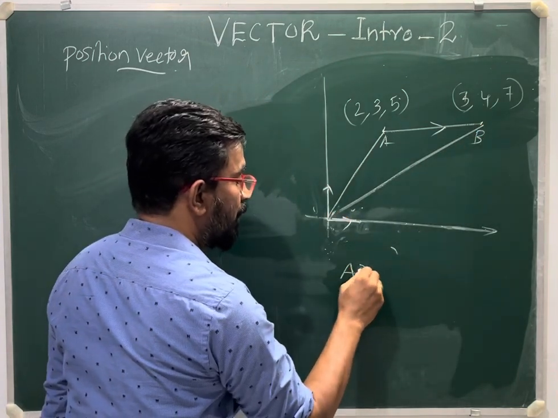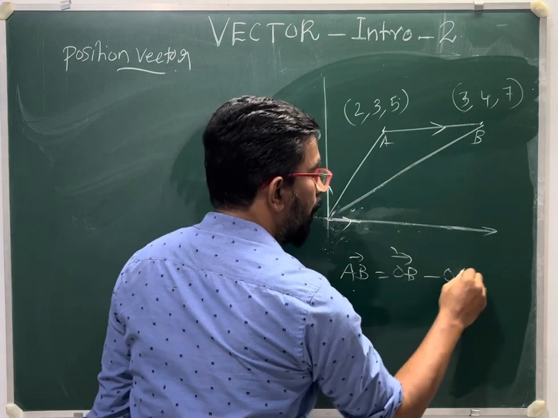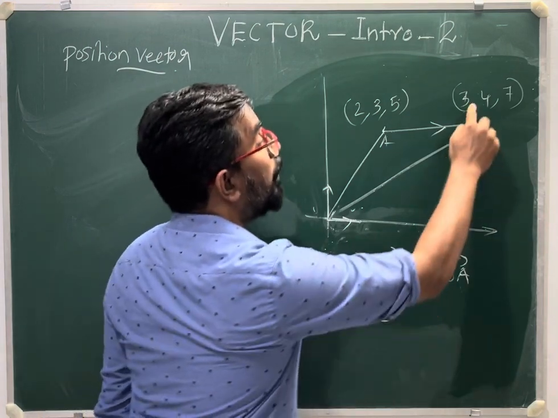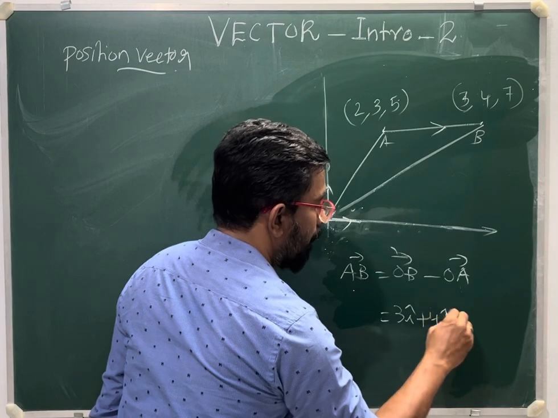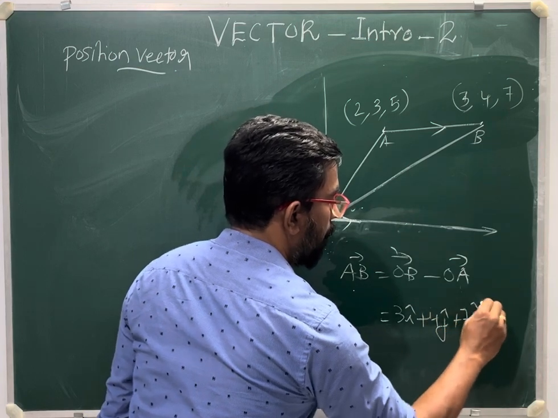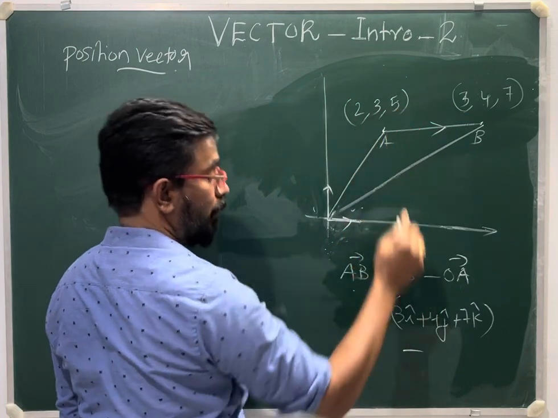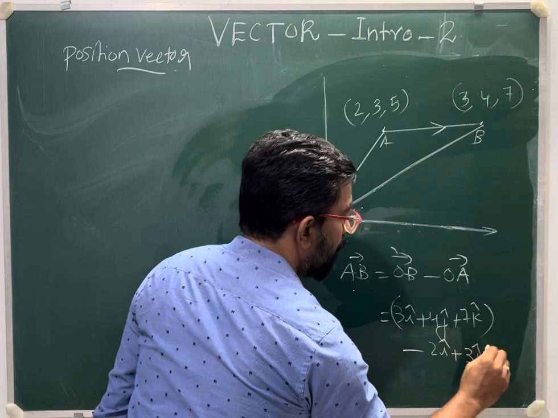AB vector is OB vector minus OA vector. What is OB vector? Just now I said OB vector is 3i plus 4j plus 7k, minus OA vector, these are the components, so 2i plus 3j plus 5k.